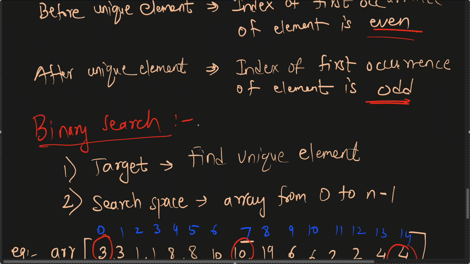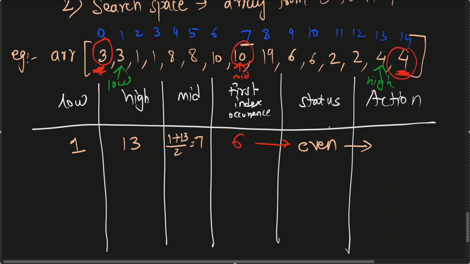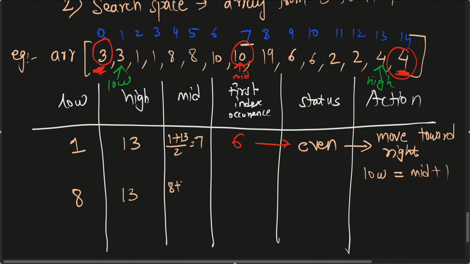So the action when the status is even is to move towards the right, because till now we have not reached the unique element. To move towards the right, we need to update our low pointer. Low will be mid plus 1. So the mid is 7 plus 1. So the updated low pointer will be 8, high will be 13. So 8 plus 13 by 2, which is 21 by 2, which is nothing but 10, right? So the middle value is now 10.